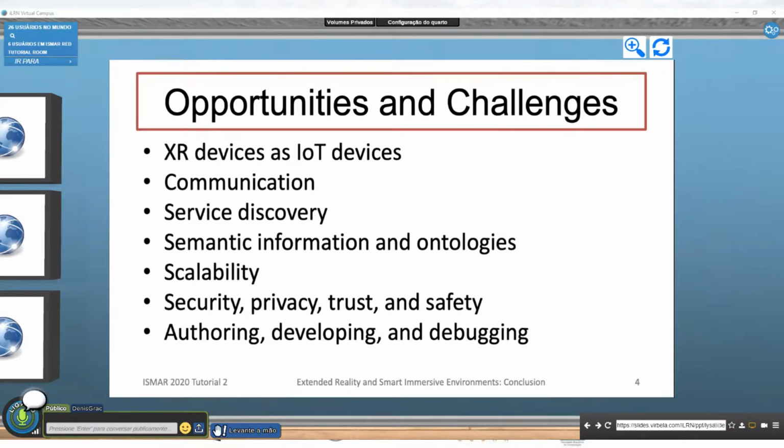That requires work on communications and data exchange, and also providing the infrastructure for service discovery and semantic information ontologies, addressing scalability challenges, maintaining support for security, privacy, trust, and safety, and also thinking about new ways to provide authoring, developing, and debugging of applications.